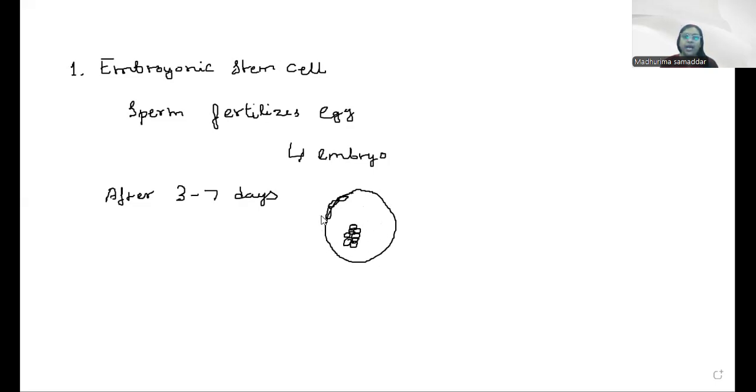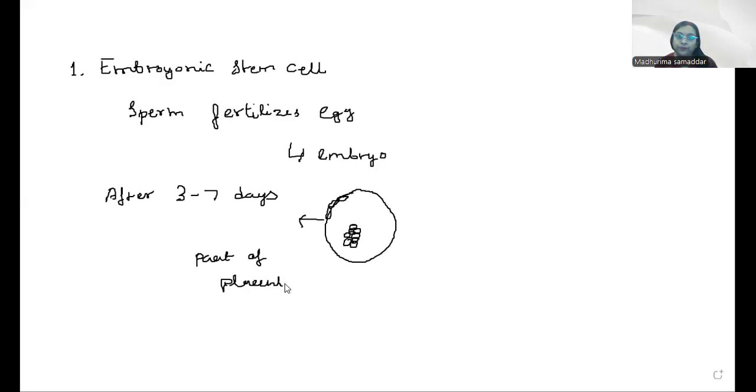So basically the outer mass of cell, this one, isn't it? Outer mass of cell contains or it will become a part of the placenta.